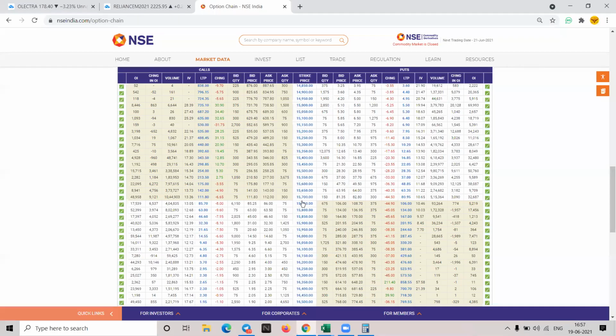If Nifty expires at the current price, the 15,600 strike contract value will be around 100 rupees. The 75 around will be the time value, which will become 0, because by expiry the time is completed. Whatever life this contract was having has ended, so it will become 0. The only value left is the price value. Is this clear, everybody?